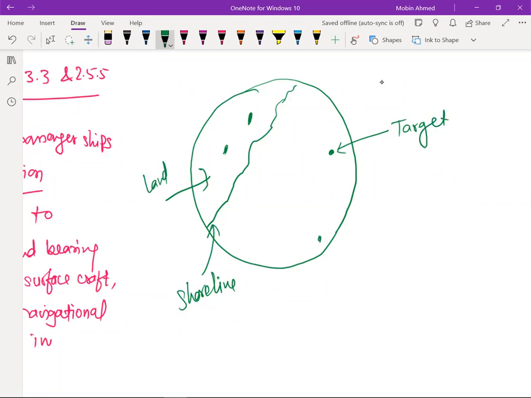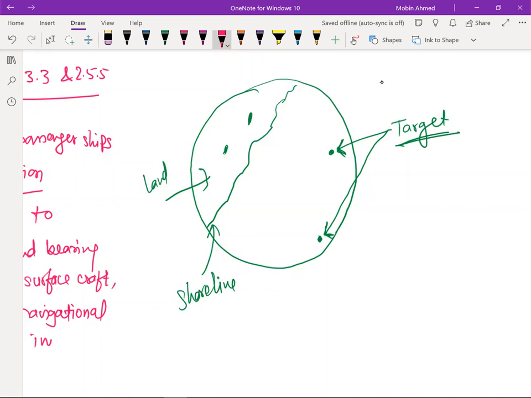Generally, we say target in radar terms. Before, it was used only for military purposes. So in the military they say target, and that's how the word has come, target. So in the radar, all the dots that are coming of a ship or anything, we always say target only. Okay? So that is how the word has come. You can say object also, there is nothing like that, but generally it is a common word, target.